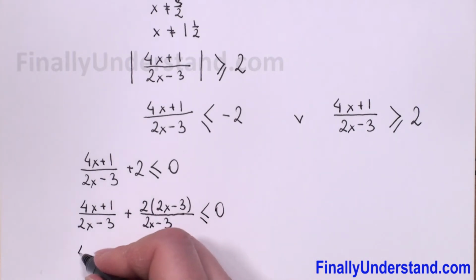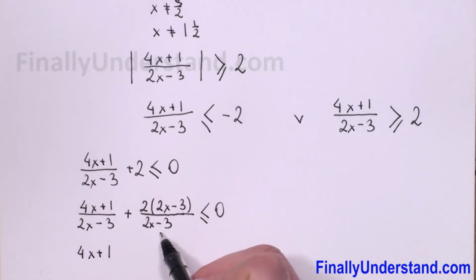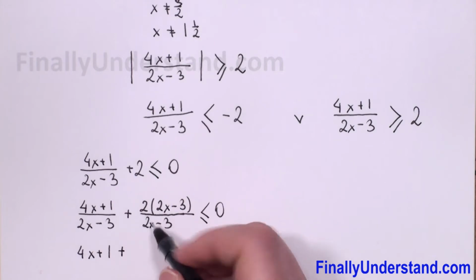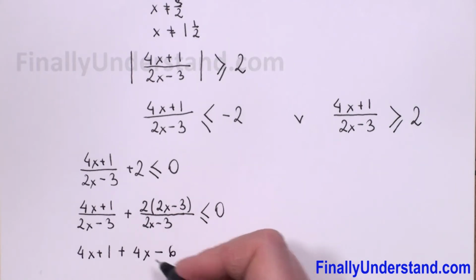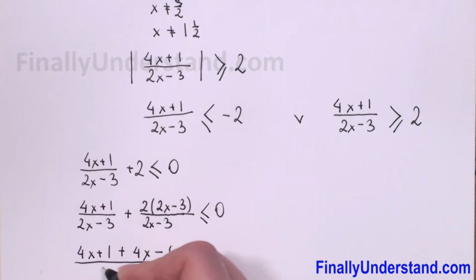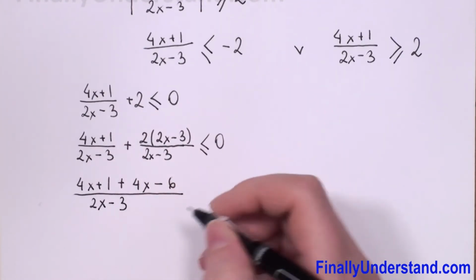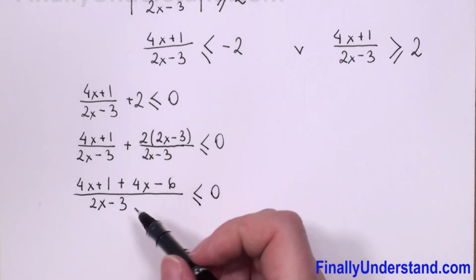So we have 4x plus 1. Now we can add because we have the same denominator: plus 2 times 2x will be 4x, 2 times negative 3 will be negative 6, over 2x minus 3 is less than or equals 0.